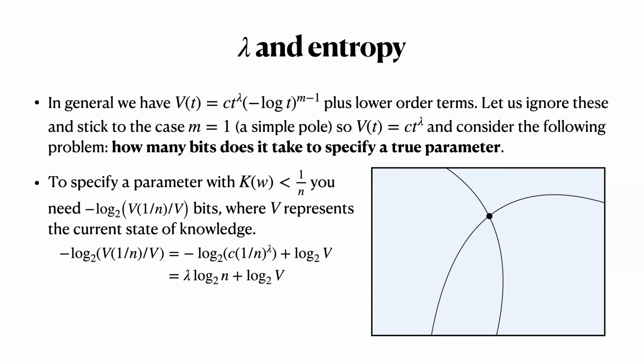So I'm not modeling the V, that's just some other bits, some global bits perhaps. Okay, so substitute in the formula for V. Putting 1/n in there, I get lambda log_2 n plus log_2 V. Where did the C go? Oh yeah, plus a constant from the C. Thank you.